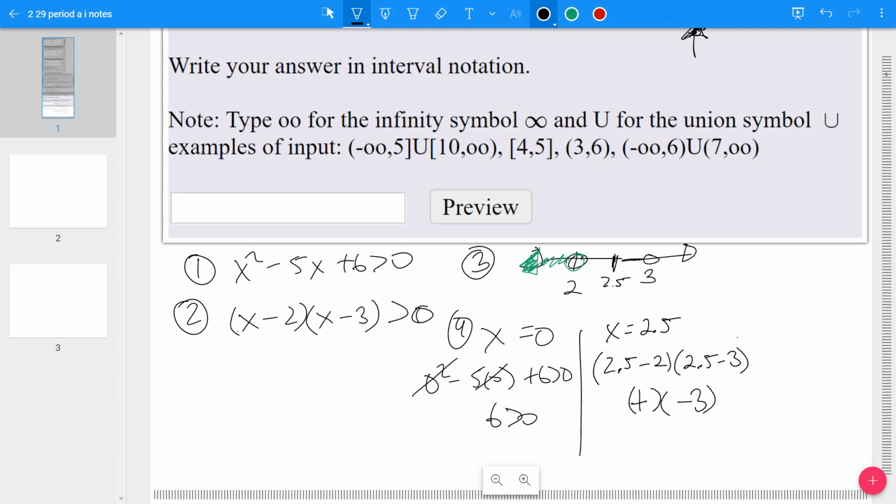Notice that I don't care about the values themselves, I care only about the signs. Is that greater than 0? This is what we are testing, remember. The original inequality is greater than 0. A positive times a negative is not greater than 0. That tells you that it's false, just like the one on the left side is true. So from 2 to 3, you don't shade that.